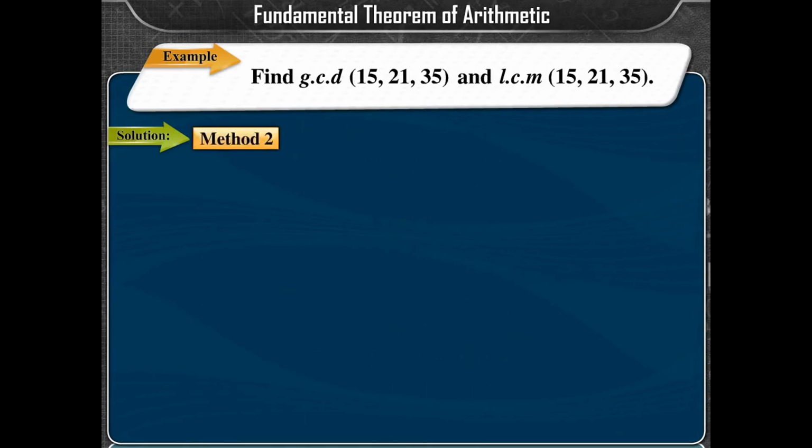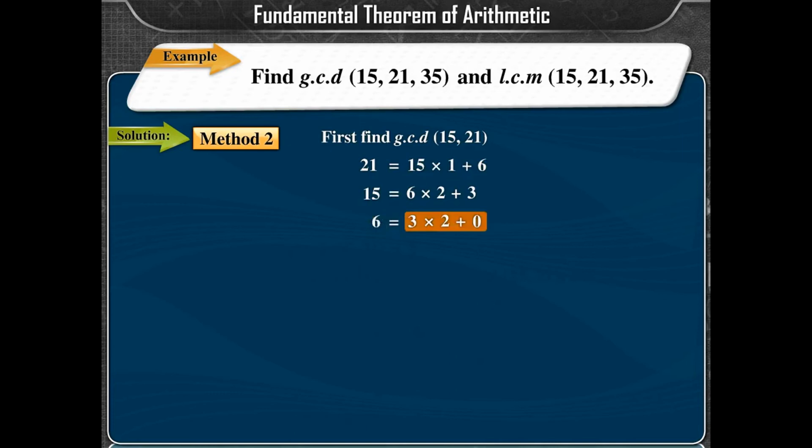Method 2. First find GCD of 15, 21. 21 is equal to 15 into 1 plus 6. 15 is equal to 6 into 2 plus 3. 6 is equal to 3 into 2 plus 0. GCD of 15, 21 is 3.